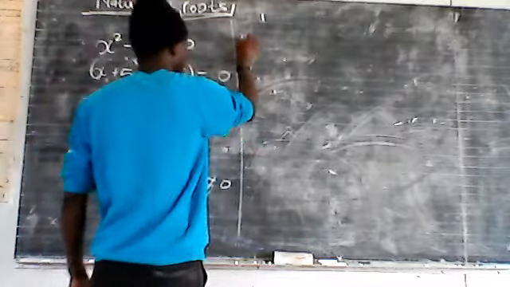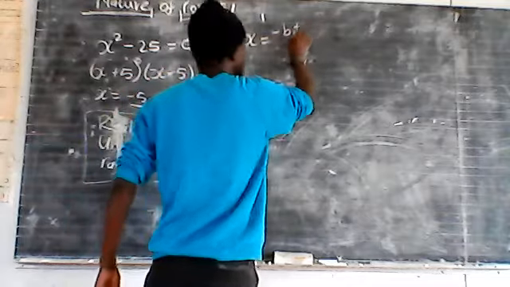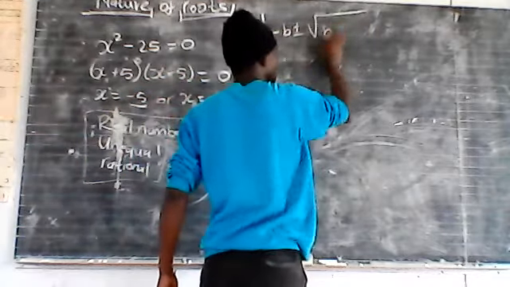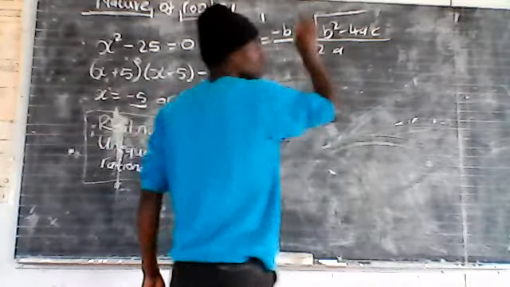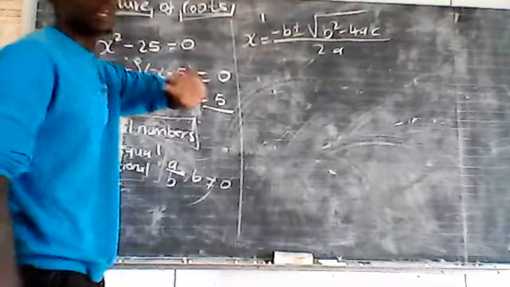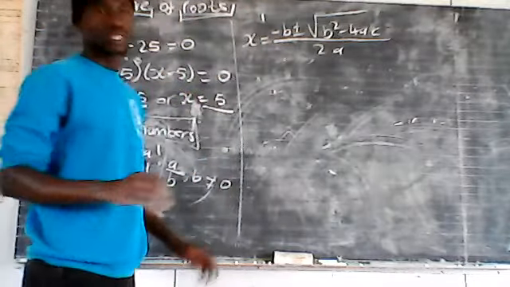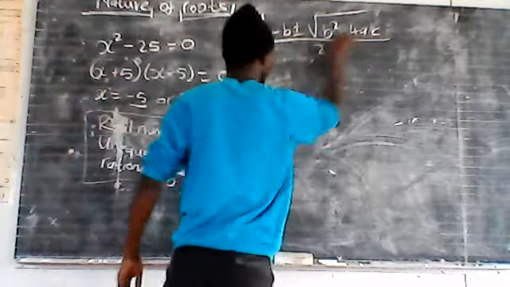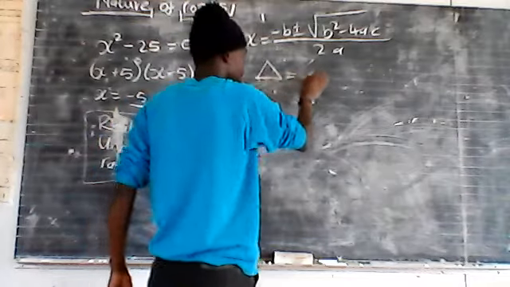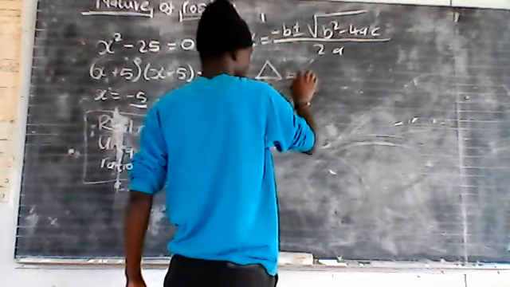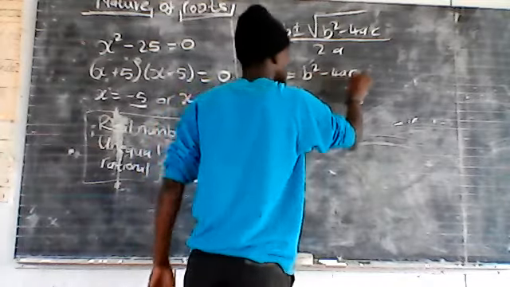In this method, I want us to write the quadratic formula, which is x equals minus b plus or minus the square root of b squared minus 4ac, divided by 2a. There is a part in that formula that can be used to predict the nature of roots, which is this part inside the square root, called the discriminant, or rather delta. It is written as b squared minus 4ac.